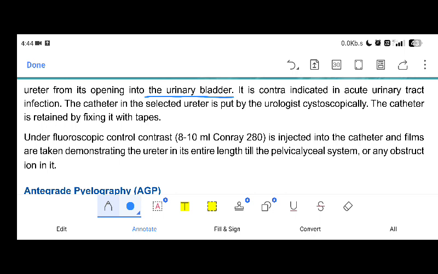It is contraindicated in acute urinary tract infection, and the catheter is selected. The ureter is cannulated by the urologist cystoscopically.